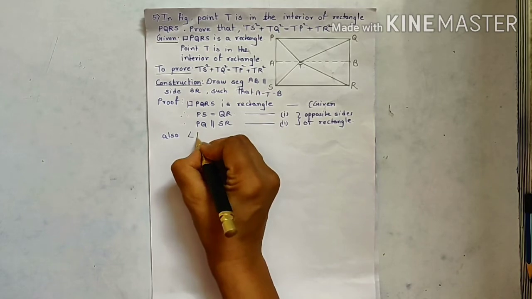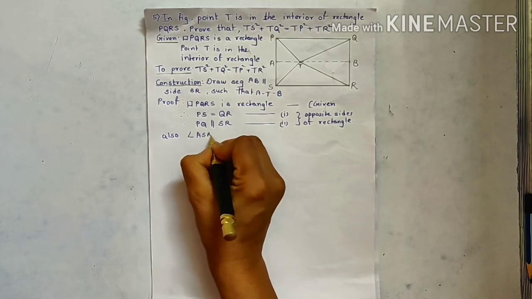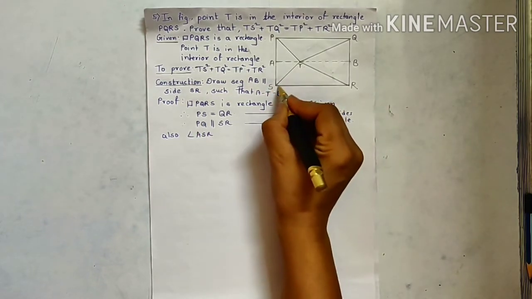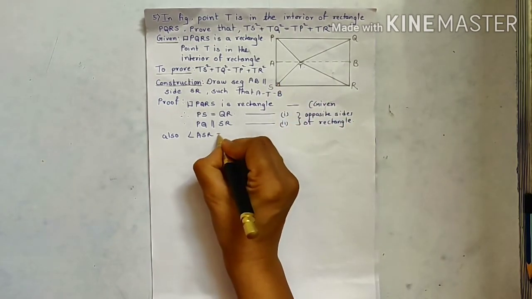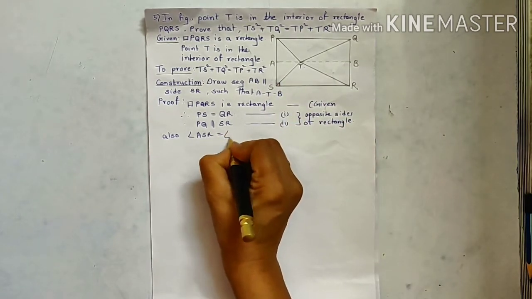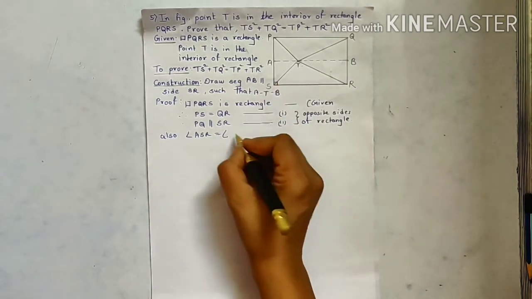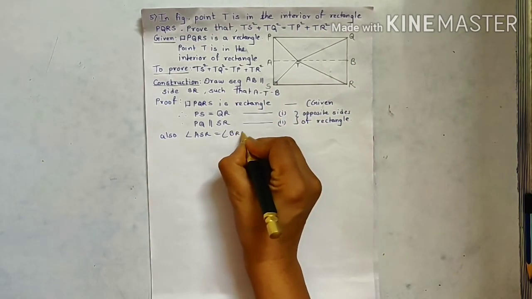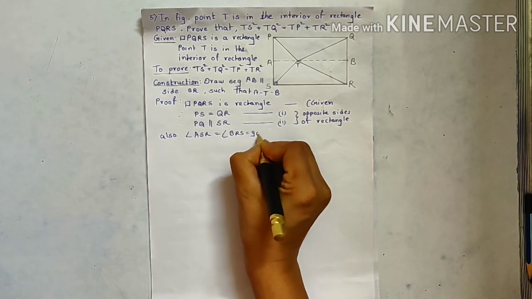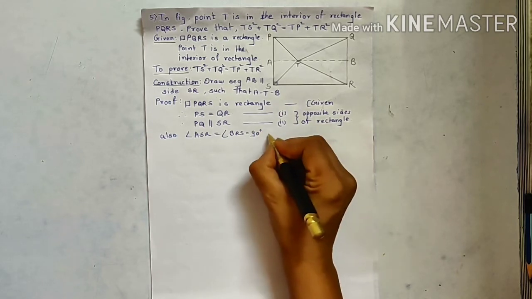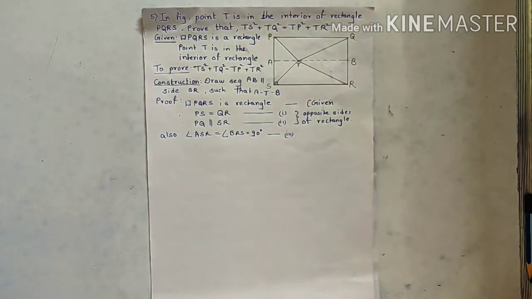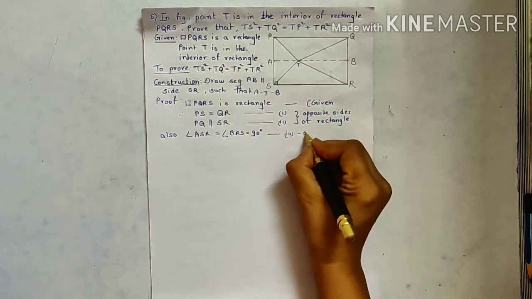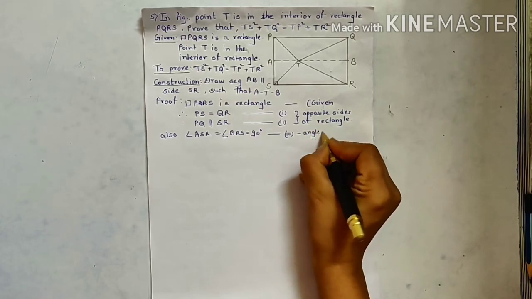And also we can write angle ASR is equal to angle BRS. Both the angles are 90 degree. Number it as 3, because they are the angles of rectangle.